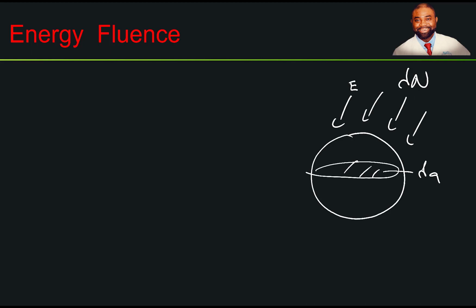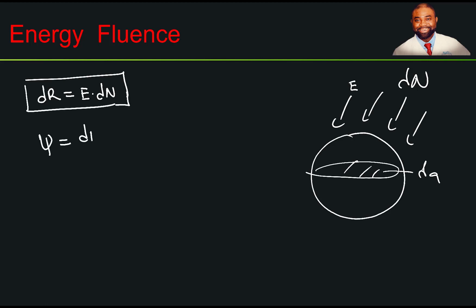Suppose that we have dN particles incident on a sphere with a cross-sectional area dA, with each particle carrying energy E. Then the total radiant energy dR will be equal to the energy carried by one particle multiplied by the total number of particles. The energy fluence phi is equal to dR divided by dA.